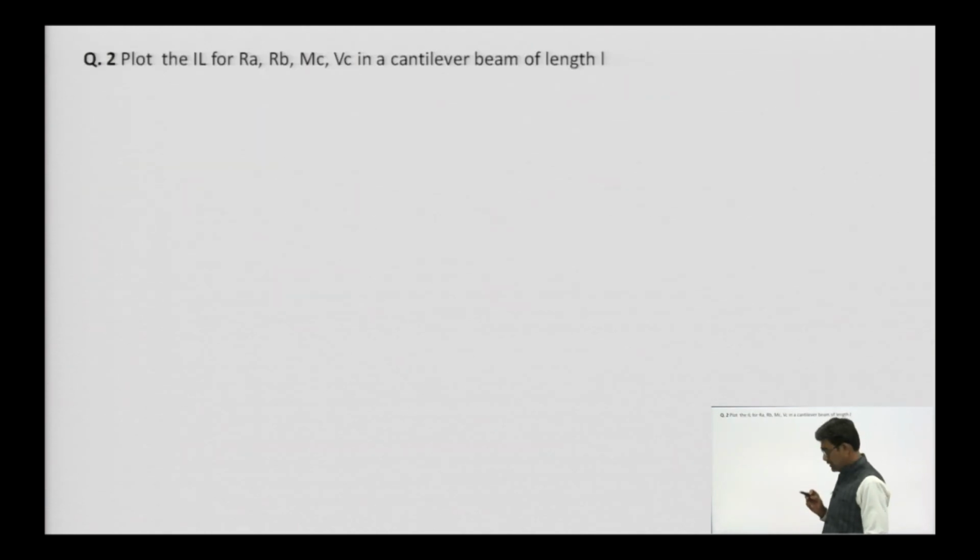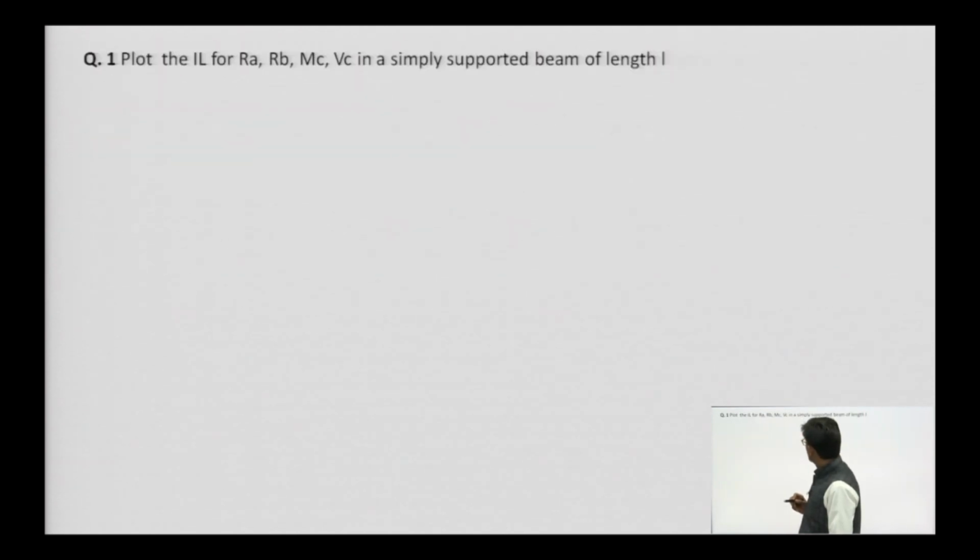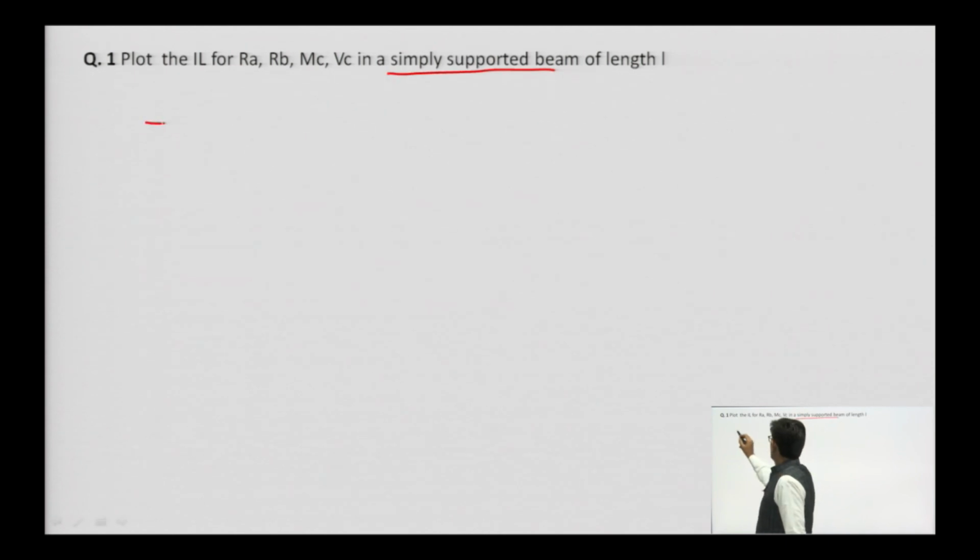Now let us do this question: simply supported beam, plot the influence lines for RA and RB.